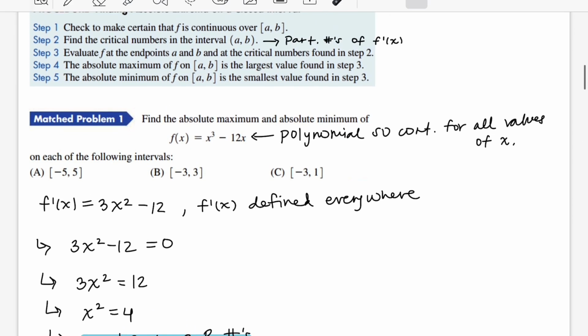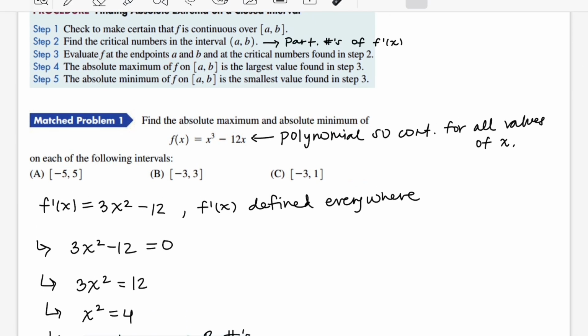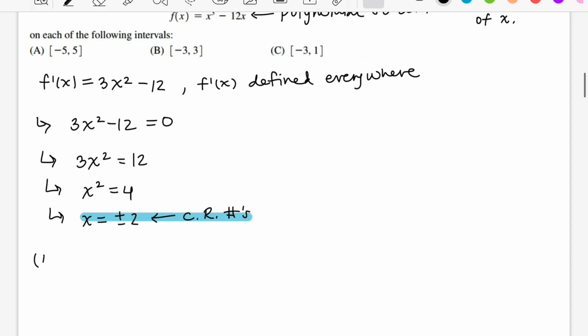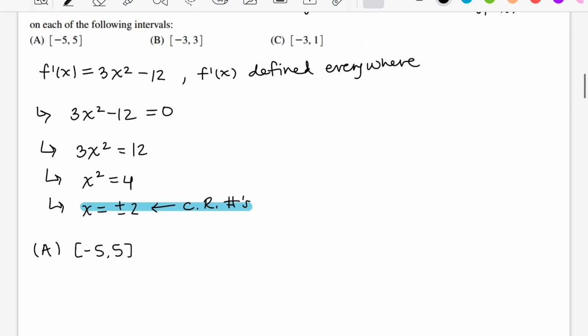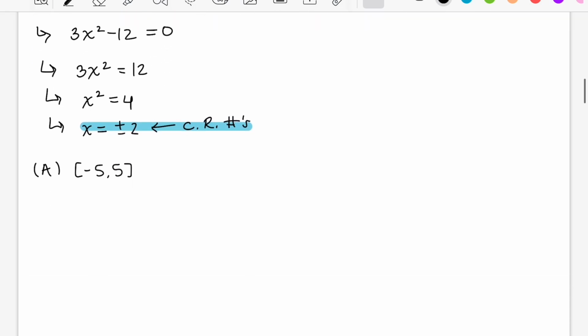And so now we're going to evaluate our function at the endpoints for this first part A here, and at the critical numbers that we just found. So we're looking at this interval here. We're going to evaluate our function at those endpoints and the critical numbers. So this will be negative 65.